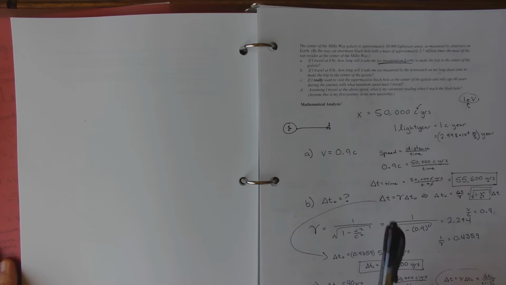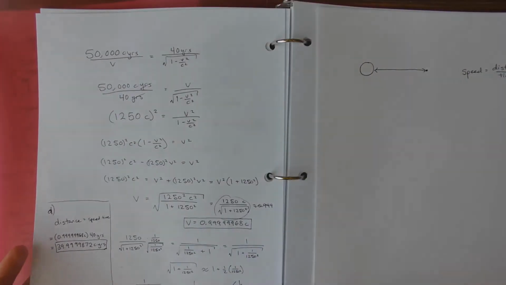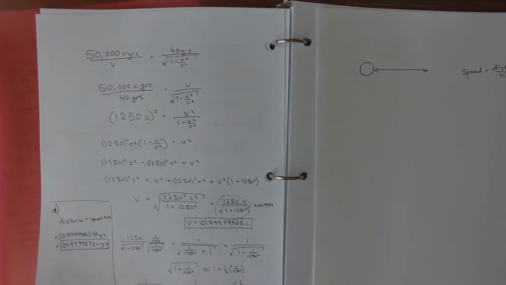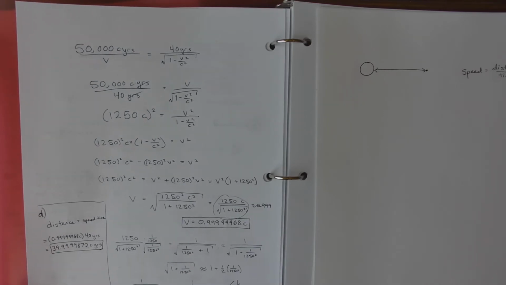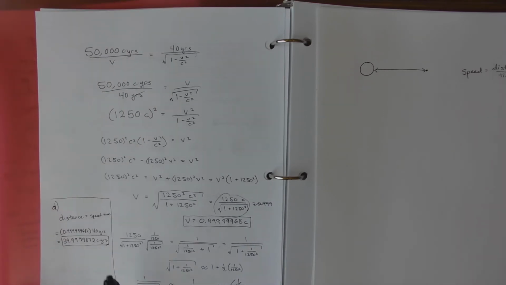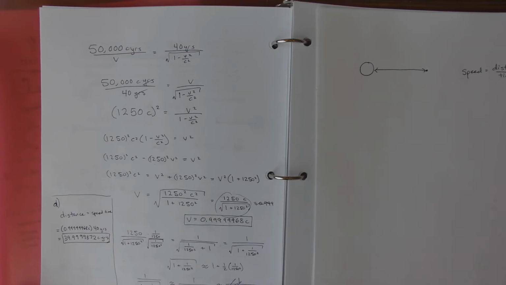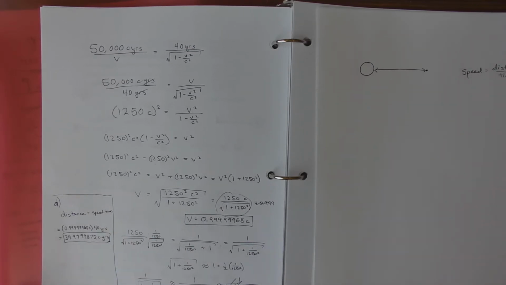However, although we didn't calculate it, in part B, the spaceship was traveling at 0.9 c, and if the spaceship was traveling at 0.9 c, the odometer reading would be different. It would not be 39.9999872 light years. You would have to replace the speed and the time to get the distance traveled as measured in the spaceship.